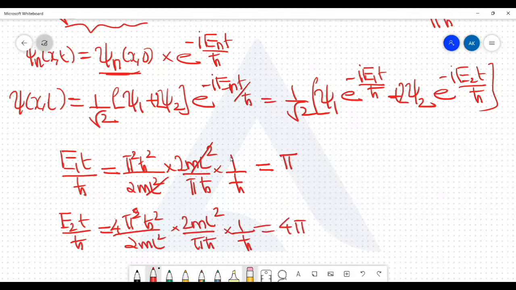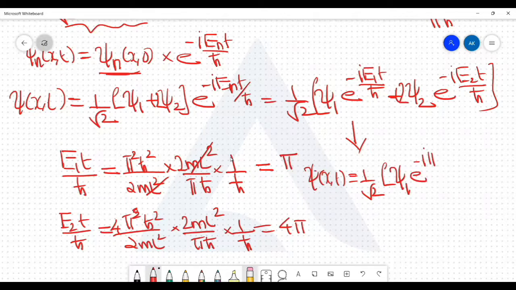Substituting this back here, psi of x,t equals 1 by root 2 psi 1 e raised to minus i pi plus 2 psi 2 e raised to minus i 4 pi. So what do you get?